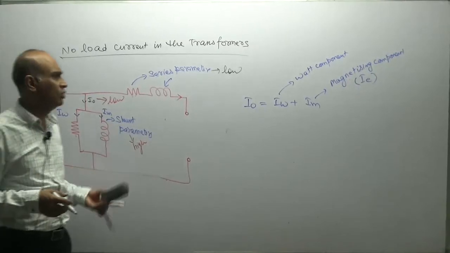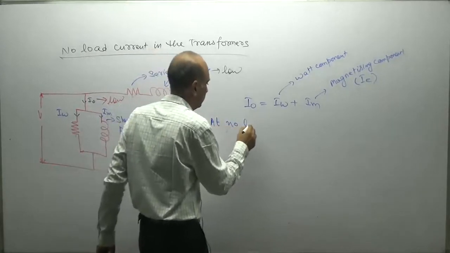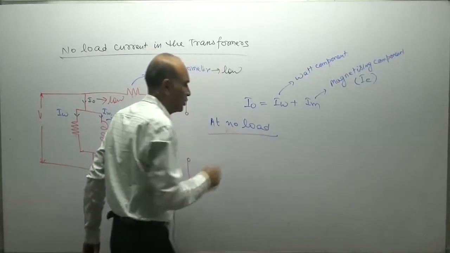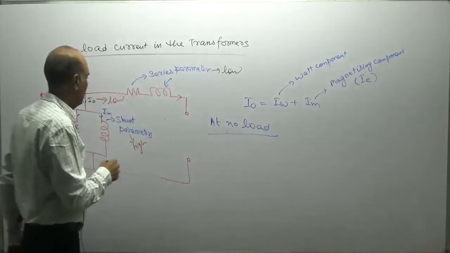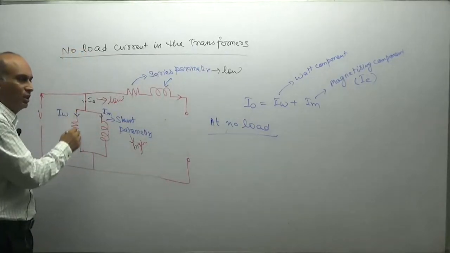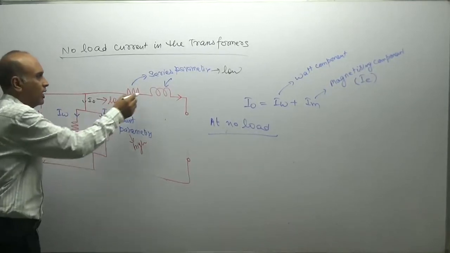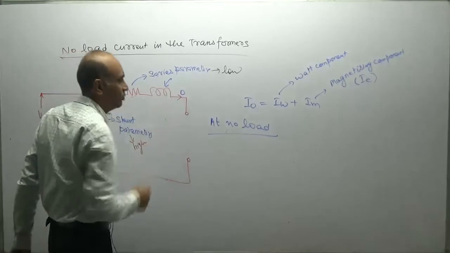And when there is no load, only current will flow in this resistance and in this inductance. No current is there here; the current is 0.